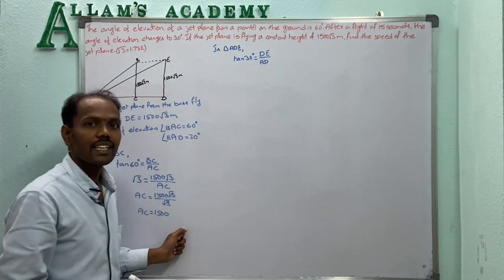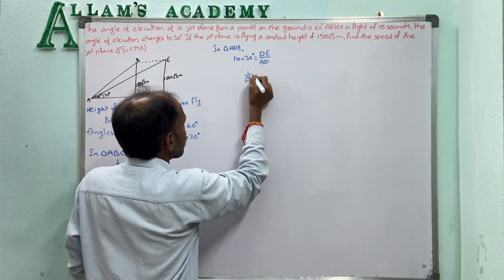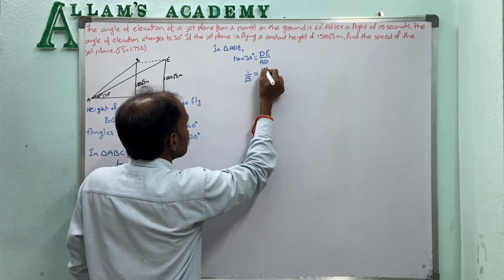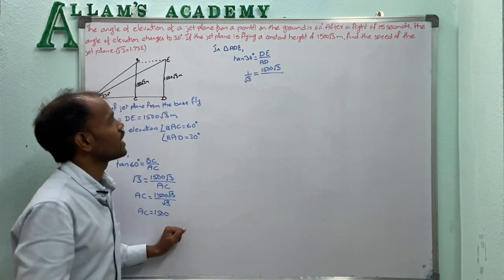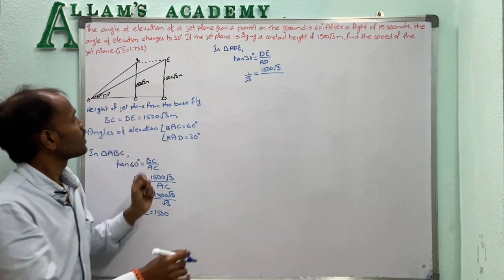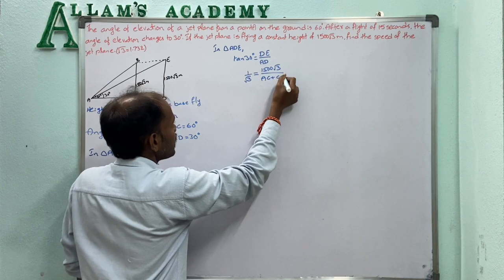So tan 30 equals 1 by root 3 equals DE value 1500 root 3 by AD. AD is nothing but AC plus CD.